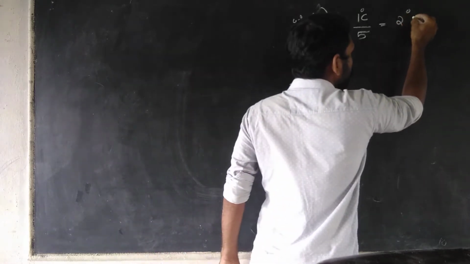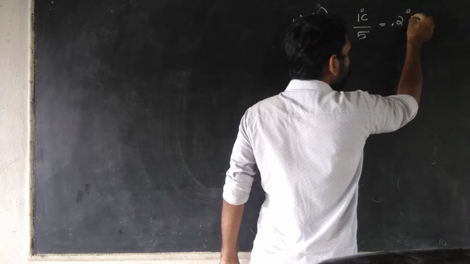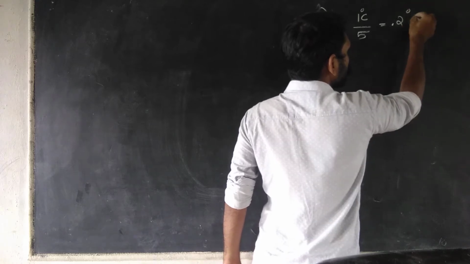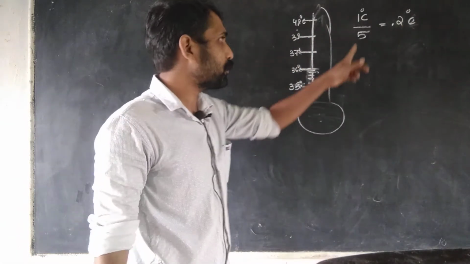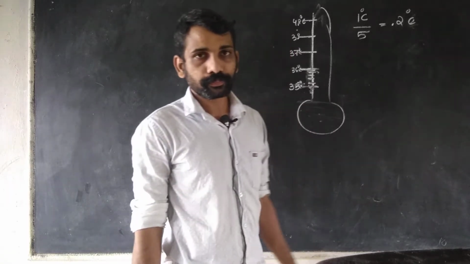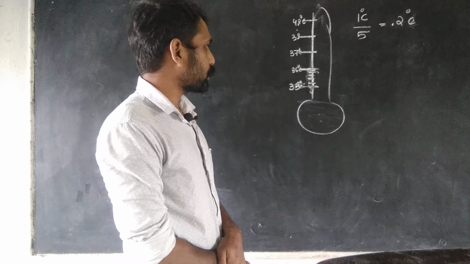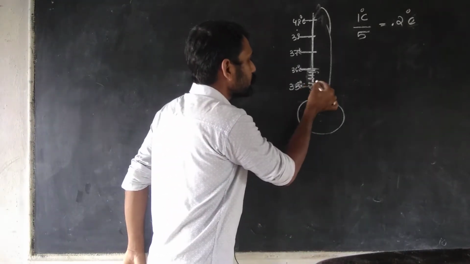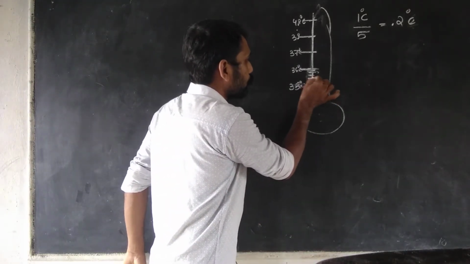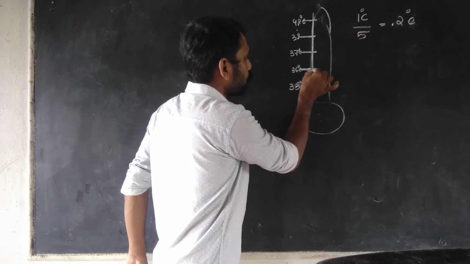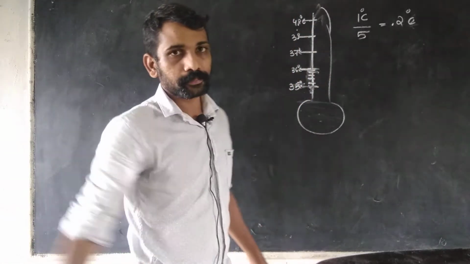That is 0.2 degree Celsius. 1 by 5 is 0.2. So this small division is 0.2, 0.4, 0.6, 0.8, 1.